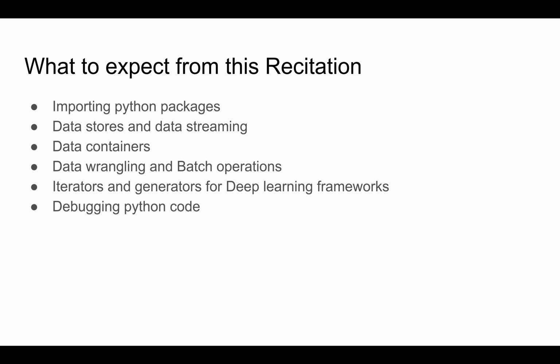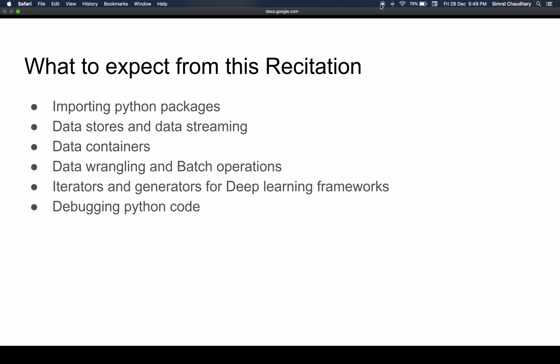Then further data wrangling and batch operations that operate on these data containers to modify or filter the data and do that efficiently. Iterators and generators are Python programming constructs which are used by these deep learning frameworks for data loading and data processing. Lastly, how to debug your code in case you're stuck at some point. So let's deep dive into these concepts without further ado.